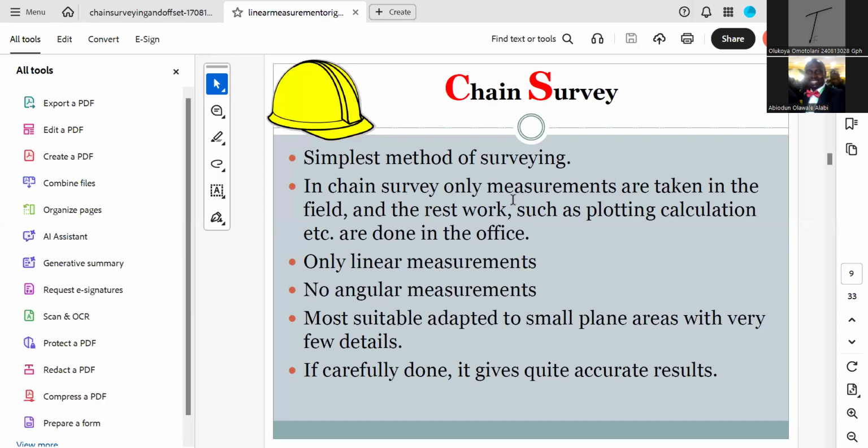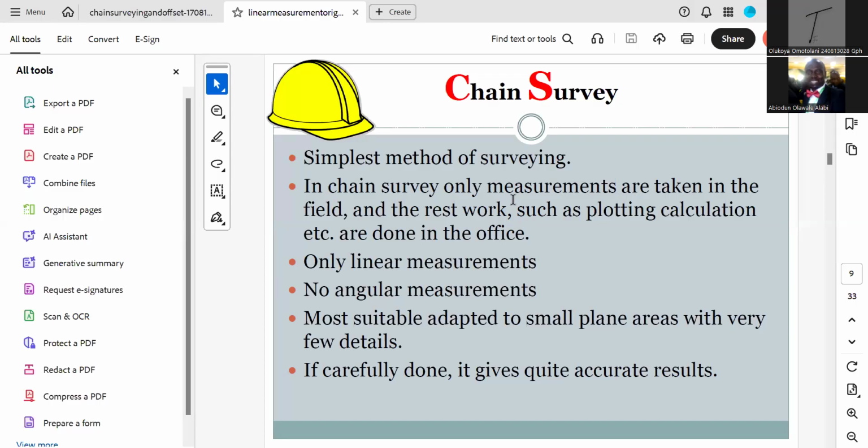I also told you last time that the fundamental principle of chain surveying is triangulation. And that triangulation means creating a series of triangles to map a geographical area. So we deploy the use of series of triangles.